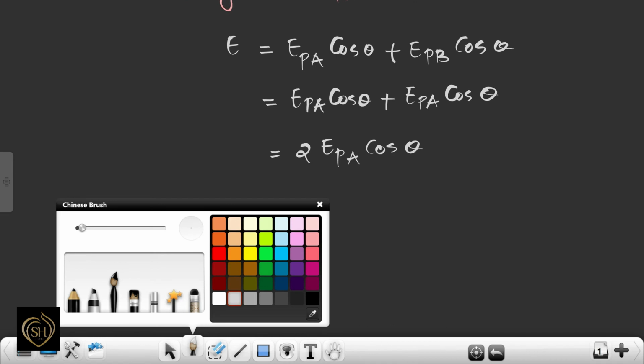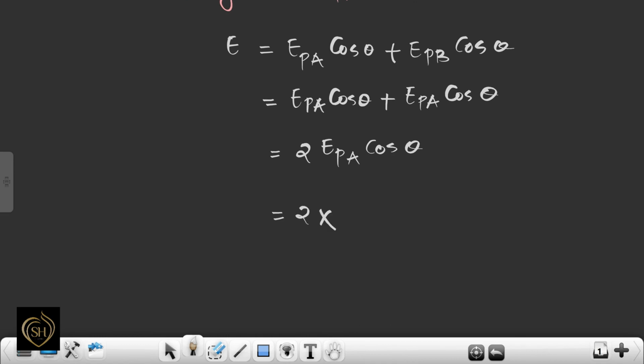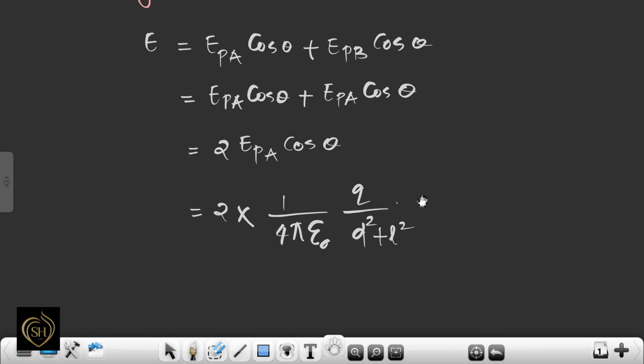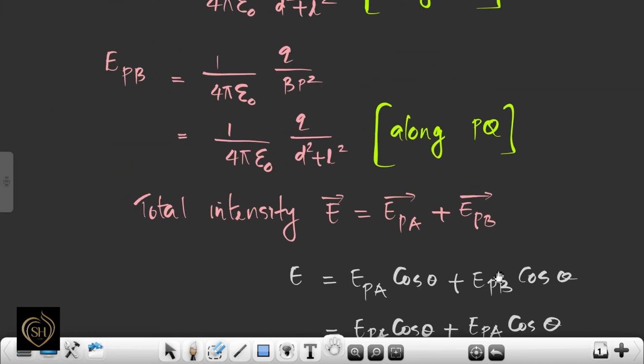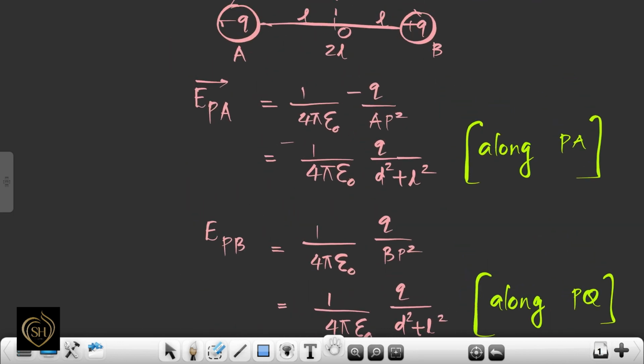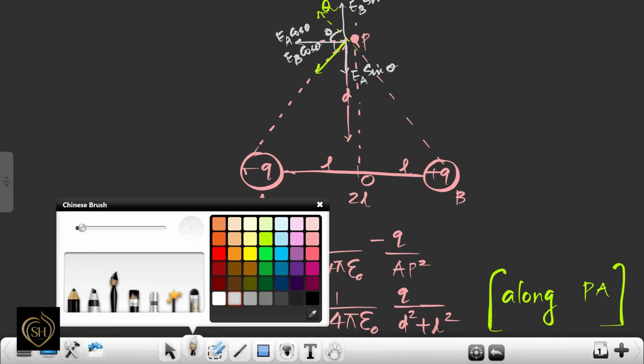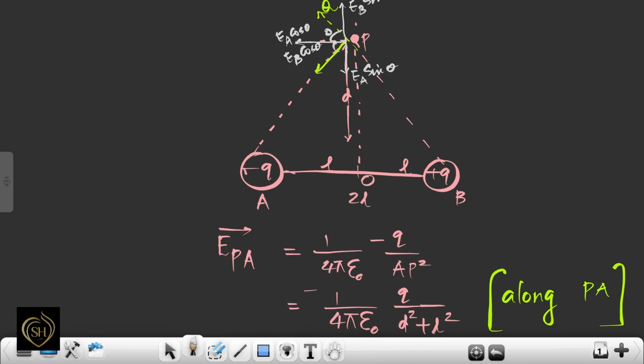Let us substitute the values. That is equal to 2 into, what is the value of EPA? It is 1 by 4 pi epsilon 0 q divided by d square plus L square, into, what is cos theta? Let us see our figure. Since this angle is theta, this angle will also be theta.